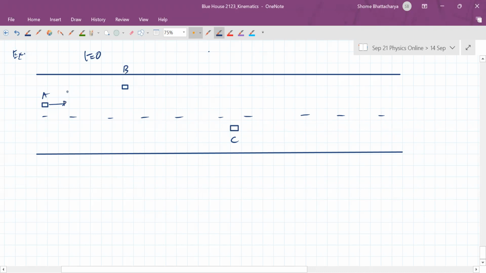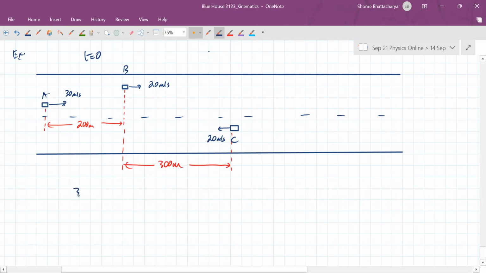Now this is moving at a speed of, let us say, 30 meters per second. This is moving at a speed of 20 meters per second, and this is moving at a speed of 20 meters per second. Now at this particular instant, this distance between them is 200 meters, and this distance is, let's say, 300 meters. Okay.